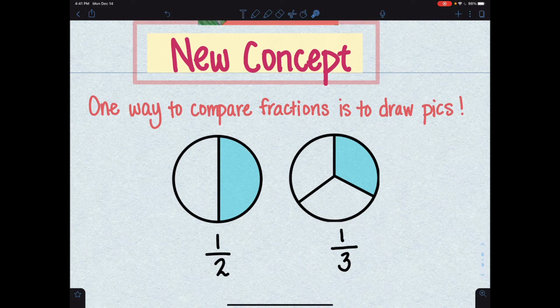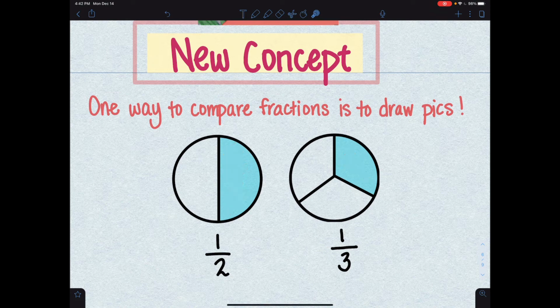Okay, so you start by drawing 2 circles, but the circles have to be the same size. And then you shade half of the circle for the one that's a half, which I already did. And then you shade 1/3 of the other circle, which I already did. So when you do that, you can compare the parts that are shaded, compare this to this.